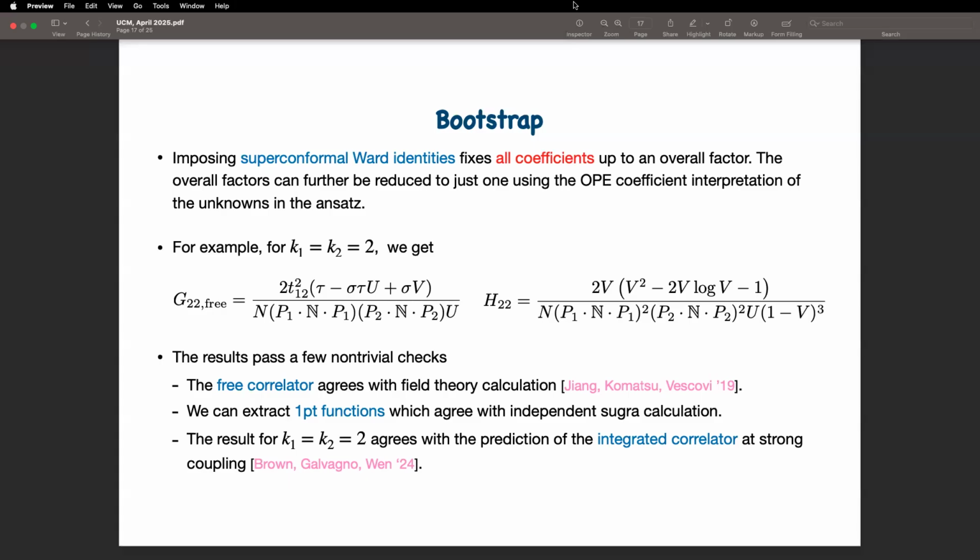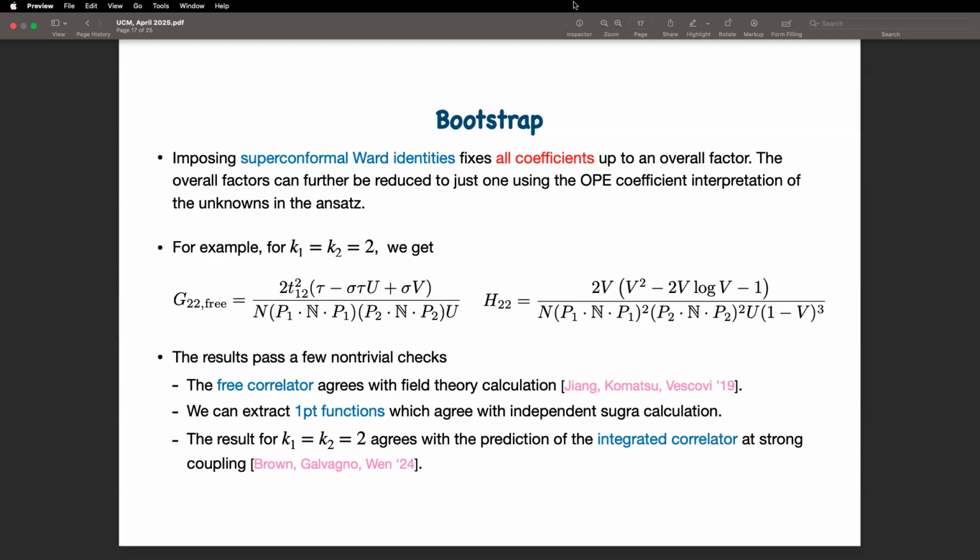Okay. Now, before I go on and point out properties of these defect two-point functions, I first want to mention a few very non-trivial consistency checks.